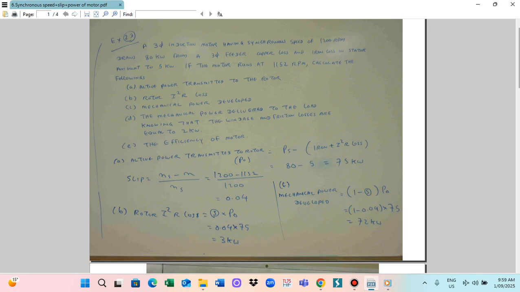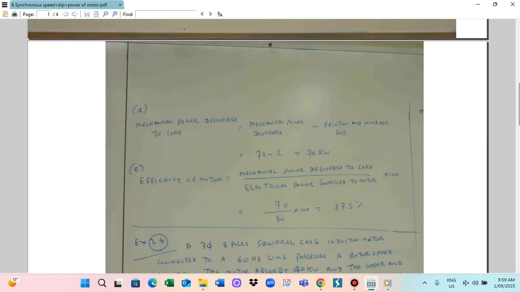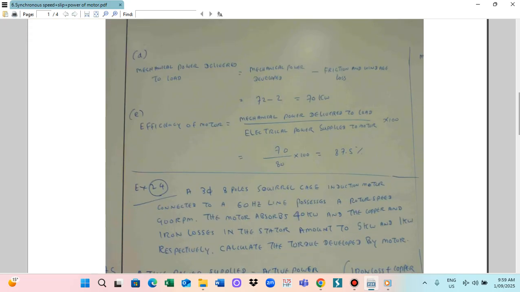And D, we also need to calculate the mechanical power delivered to the load. Given is the windage and friction loss of 2 kilowatts. After the mechanical power developed, you subtract the windage and friction loss, and you get the power delivered to the load.